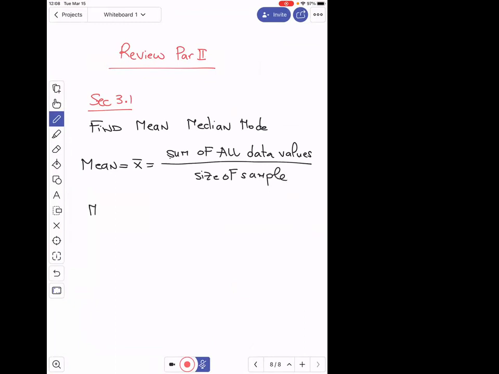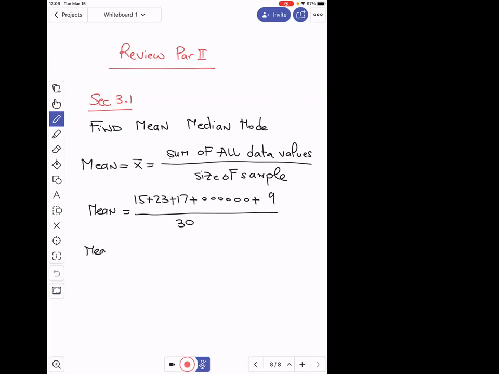In our case, we have 30 data values: 15 plus 23 plus 17, etc., and the last number I think is 9. Over the size of the sample, 30, so we divide by 30.